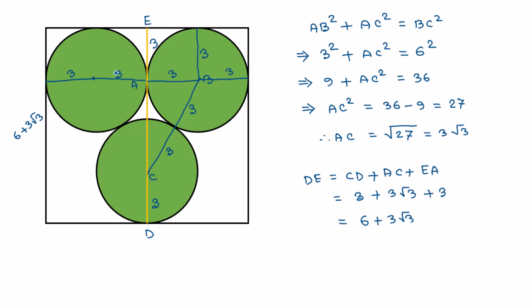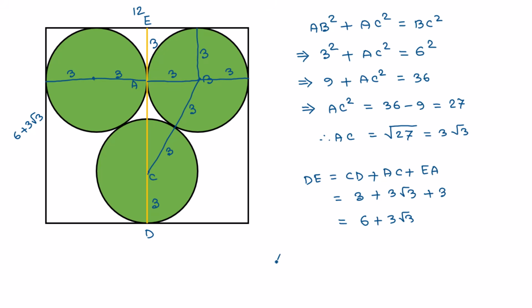So 3 plus 3 is 6, and this 3 plus 3 is 6, and 6 plus 6 is 12. So the total length of this rectangle will be 12 units, because here it is 4 times 3. So we have found that the length of this rectangle is 12 units and the width is 6 plus 3 times square root of 3.